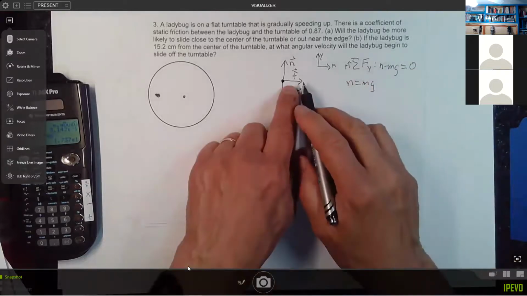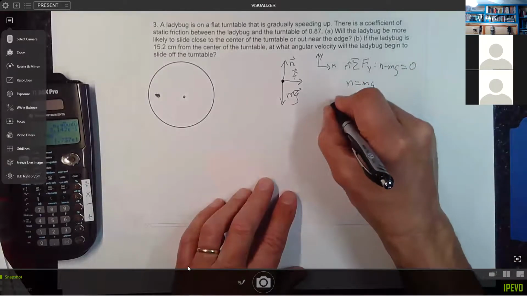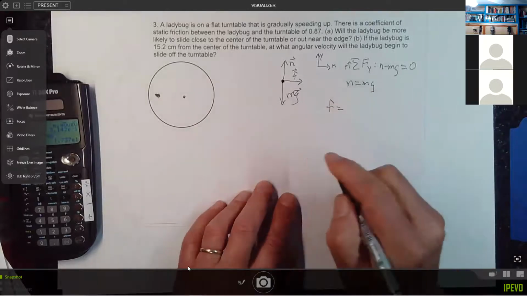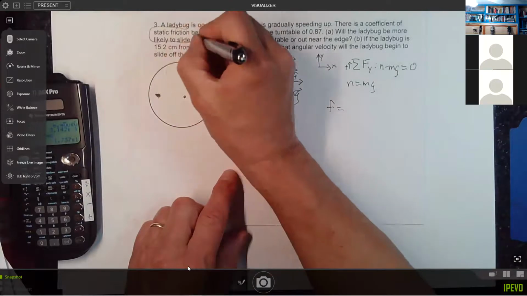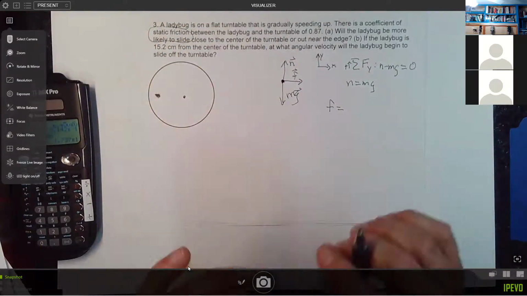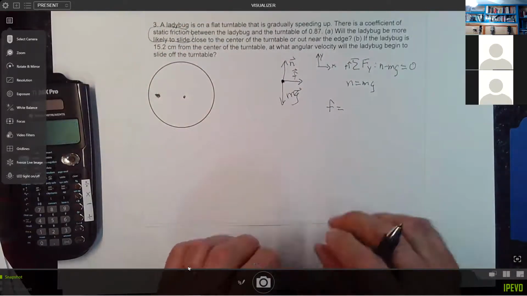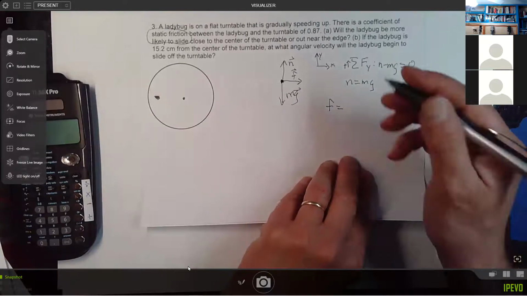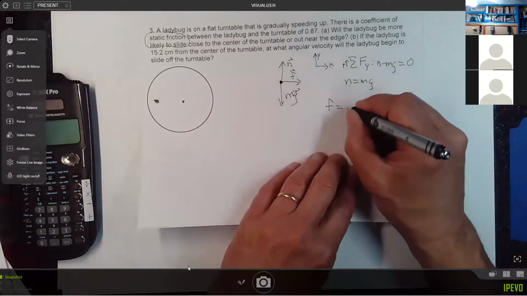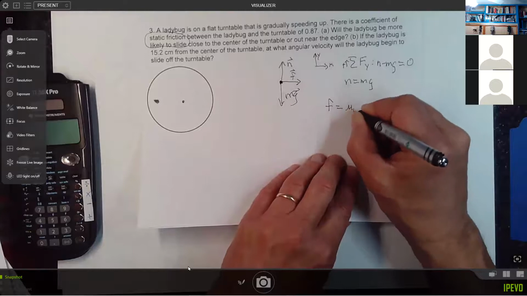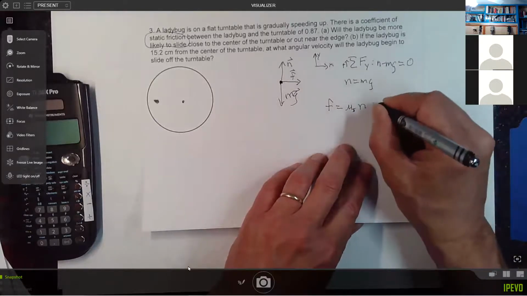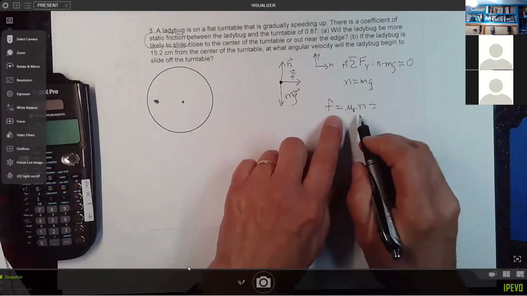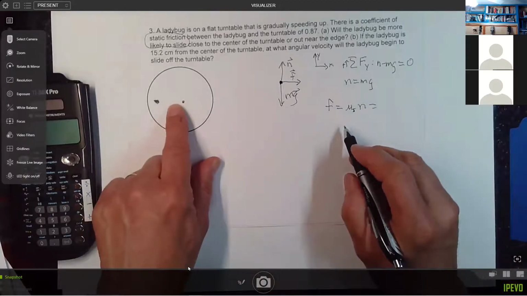Now, the frictional force is going to equal, in this case, we would want static friction. Okay, and we're interested in maxing it out, having the maximum amount of friction. And so that will be mu sub s times the normal force. And it's that frictional force that will provide the centripetal acceleration.